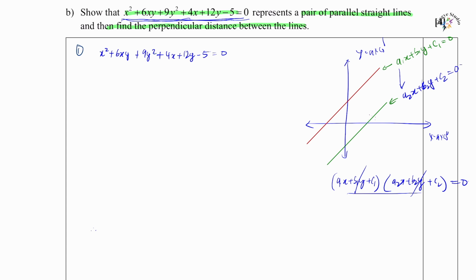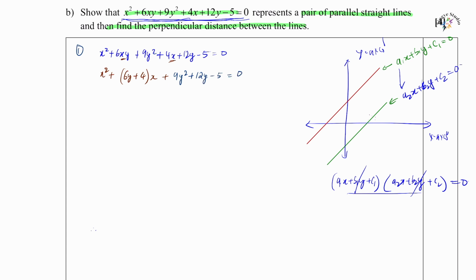So I will say x squared plus, this 6xy and this 4x I'll try to group, so 6y plus 4 of x, plus then our remaining equation is 9y squared plus 12y minus 5 equals 0.